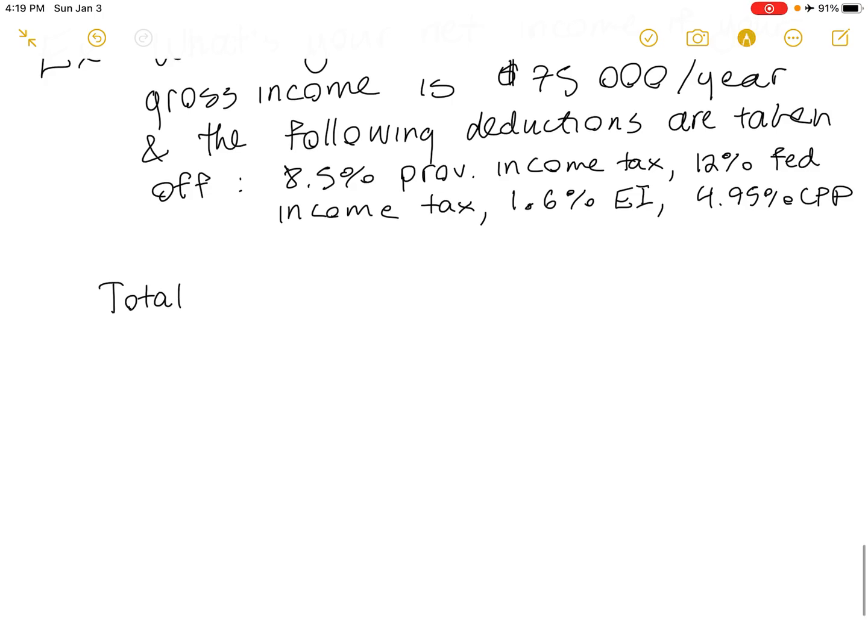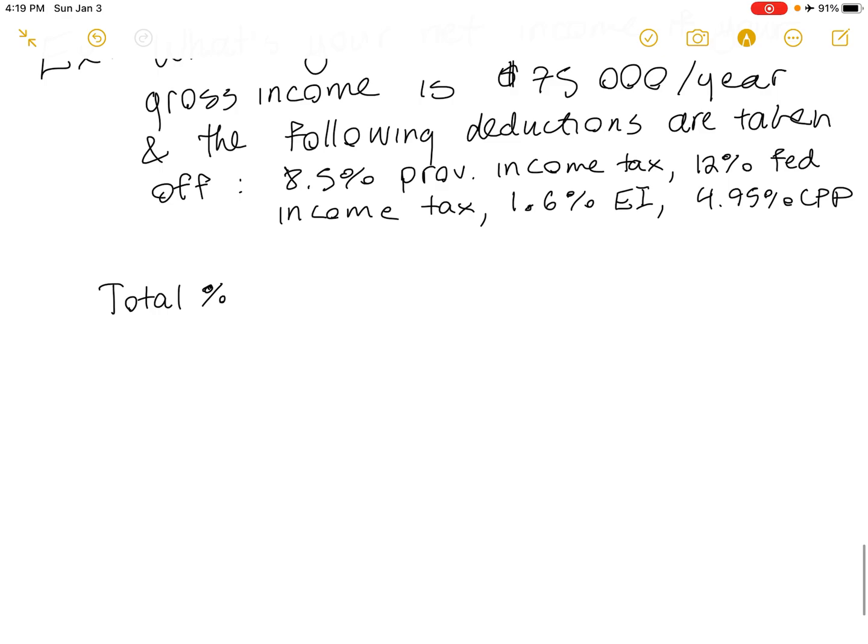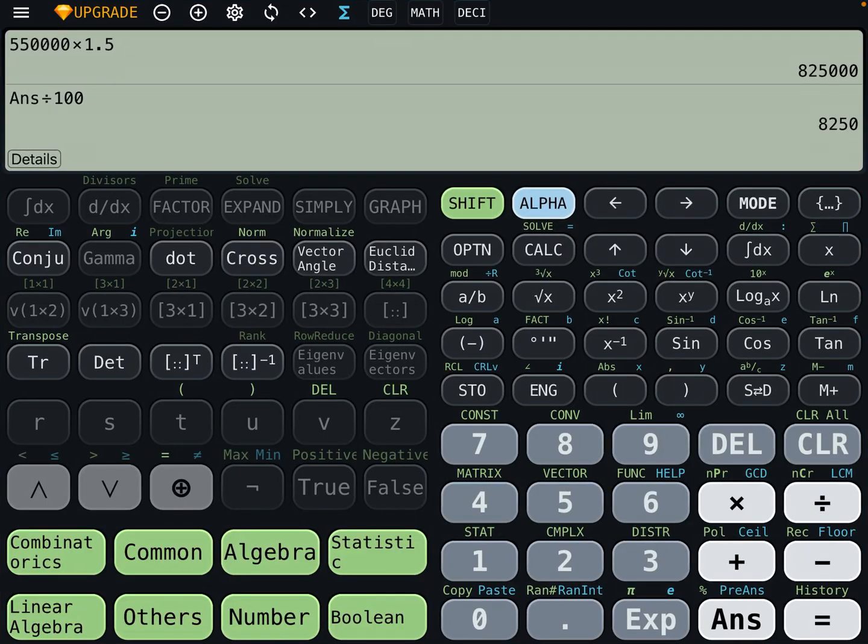Okay, so total percent deductions is 8.5 plus 12 plus 1.6 plus 4.95. And that is, I don't know, let's see. 8.5 plus 12 plus 1.6 plus 4.95.